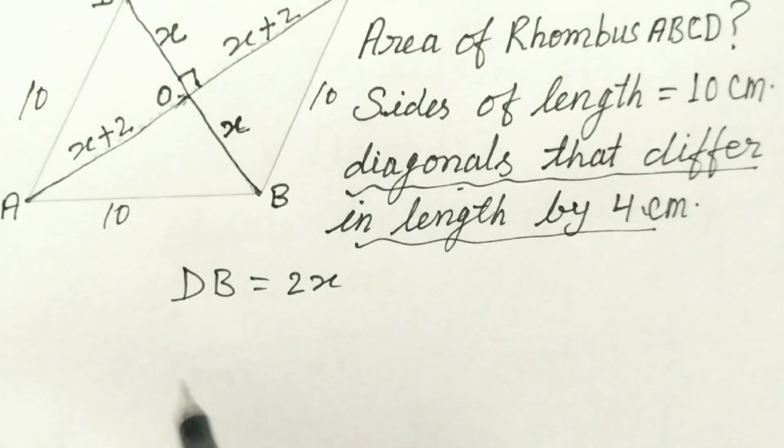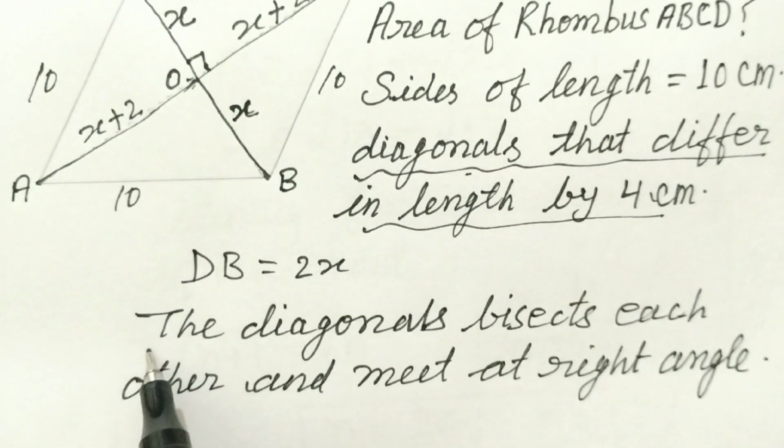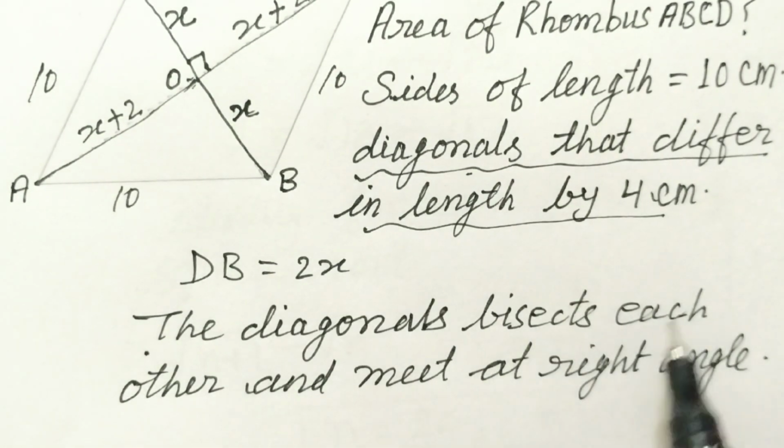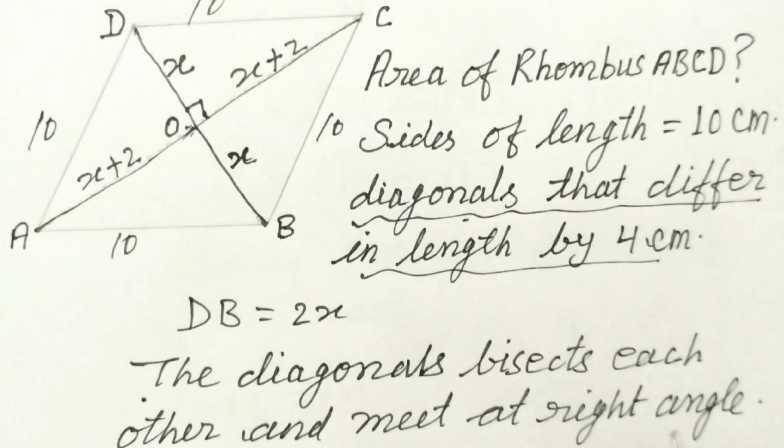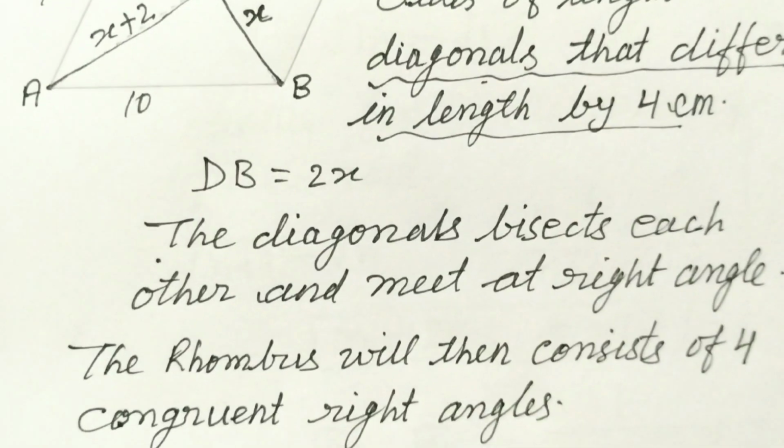Now, the diagonals bisect each other and meet at a right angle.